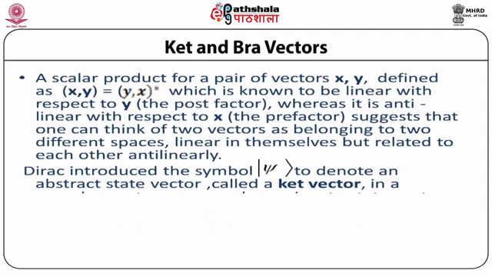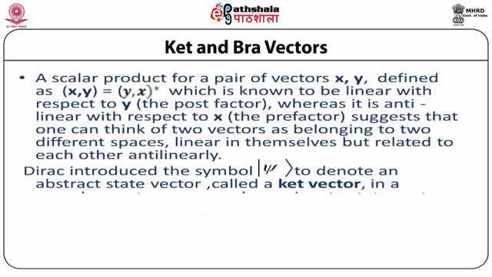And this relation is linear with respect to y, which is the post factor, whereas it is antilinear with respect to x, which is the prefactor, and suggests that one can think of two vectors as belonging to two different spaces, linear in themselves, but related to each other antilinearly.